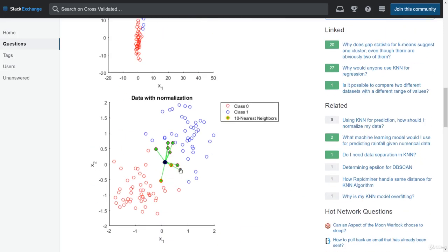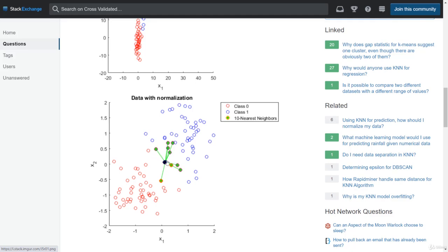Now, if we perform normalization, as you can see, from negative 2 to 2 and from negative 2 to 2, now the query point, the 10 nearest neighbors, when we calculate them, we have one from red, and another one from red, and then here we have the other 8 from blue.